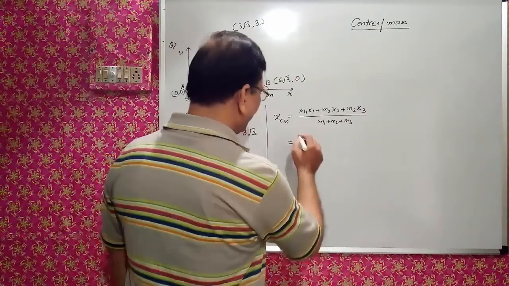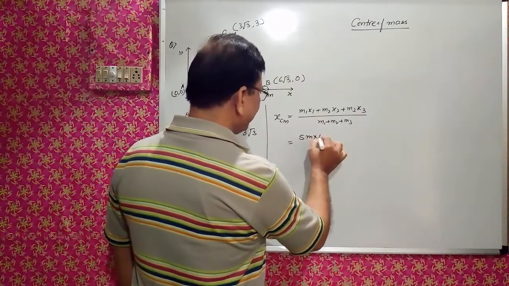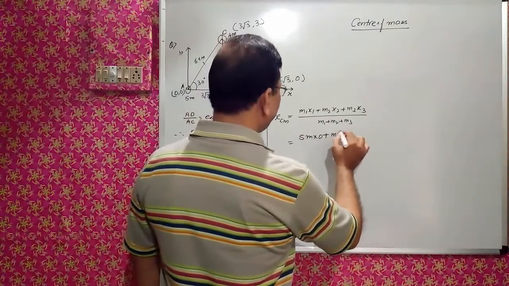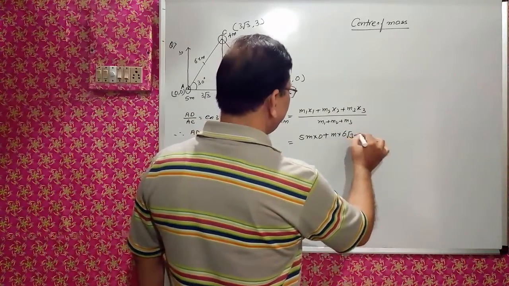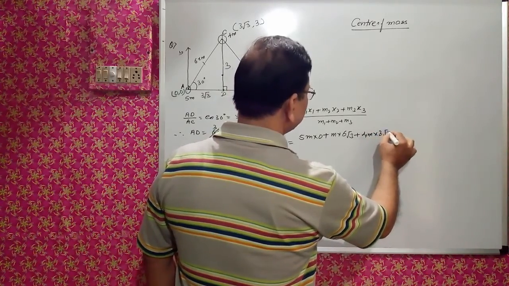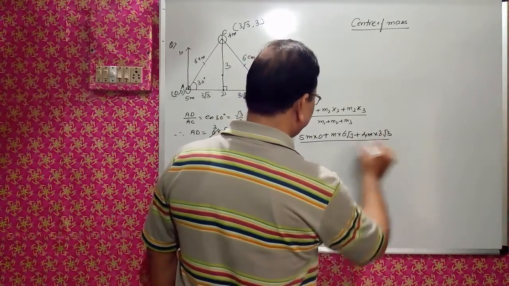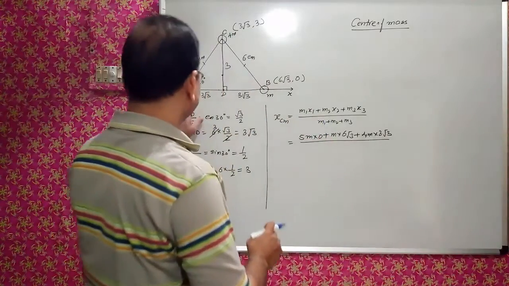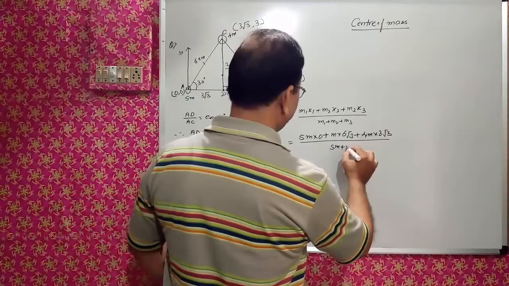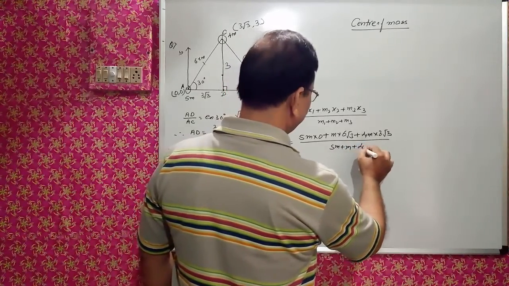Coordinate of this is 0. So 5m into 0 plus m2, this mass, M into x coordinate is 6 root 3, 4m into x coordinate is 3 root 3. Divided by how much? M1 is 5m, 5m plus m2 is m plus m3 is 4m.